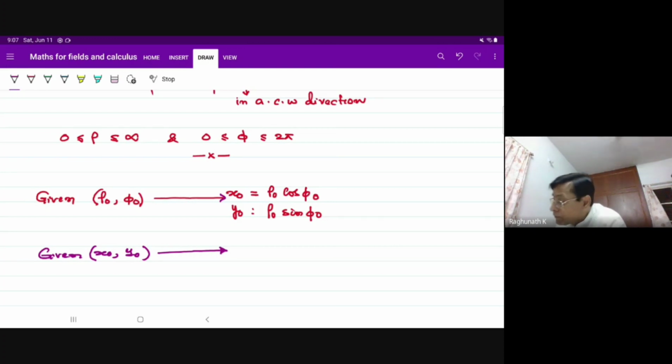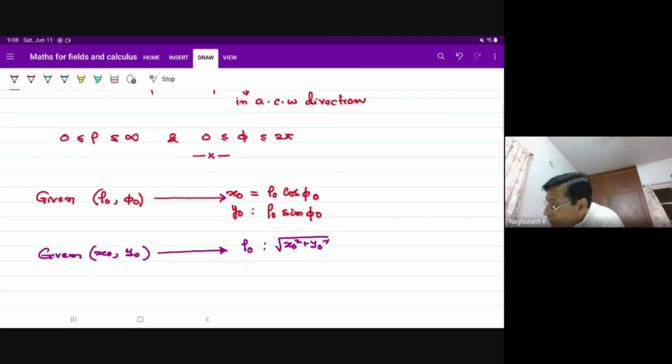What is rho naught? No doubt about it, because it is the distance of the point from origin. Rho naught is equal to square root of x naught square plus y naught squared. Even the first two equations are giving the same information, that x naught square plus y naught squared is rho naught squared cos squared phi naught plus rho naught squared sin squared phi naught. Under root, if I take, rho naught will come, because sin squared phi naught plus cos squared phi naught is equal to 1.